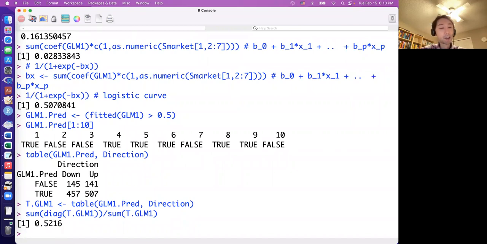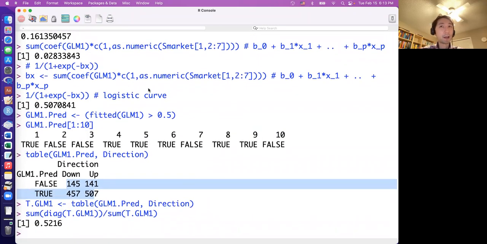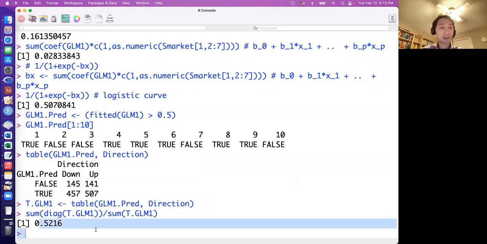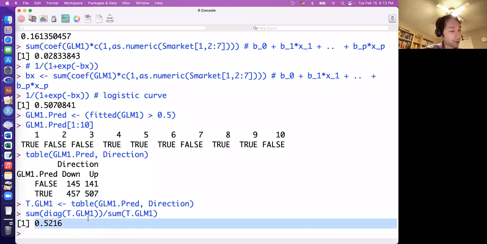So this is the correct percentage, so accuracy, approximately 52.2%. The stock market is up for 51.8% of days, so slightly it's better than this. I don't know, this is not entirely the prediction, since we use just the entire training set to predict the training set. So it's not clear that it will be similar for test sets, but at least we beat the 51.8%.